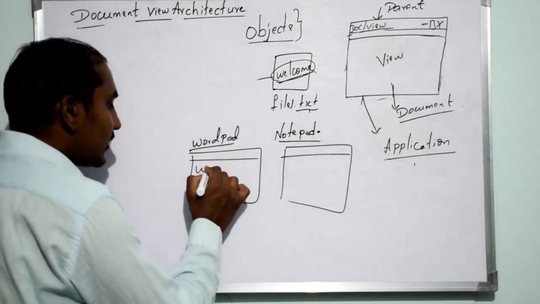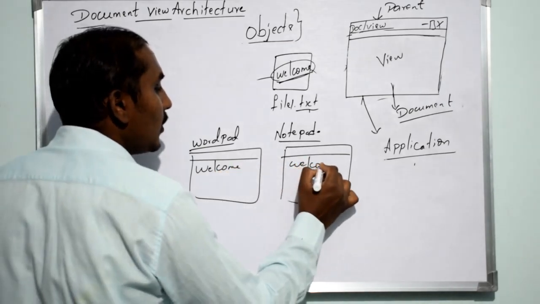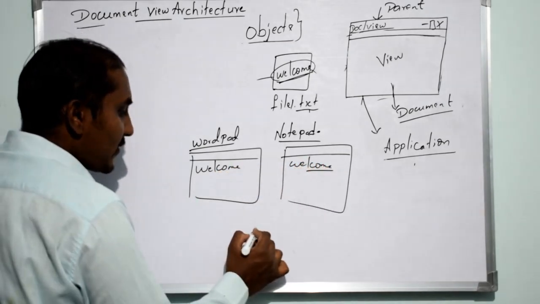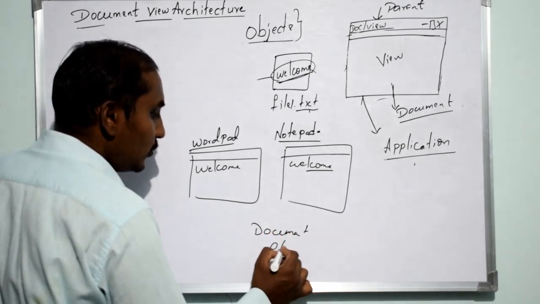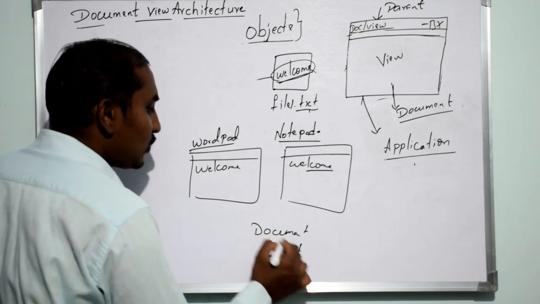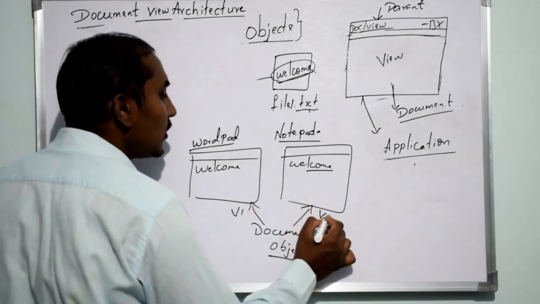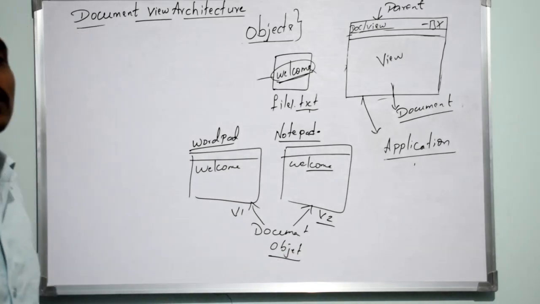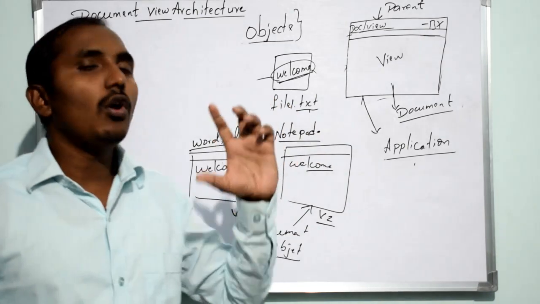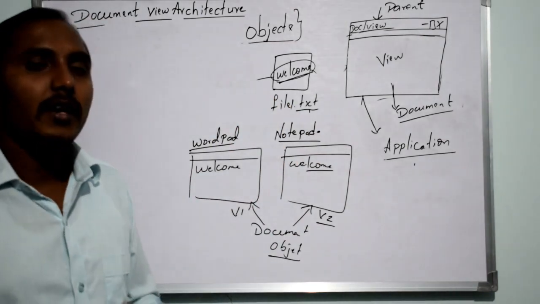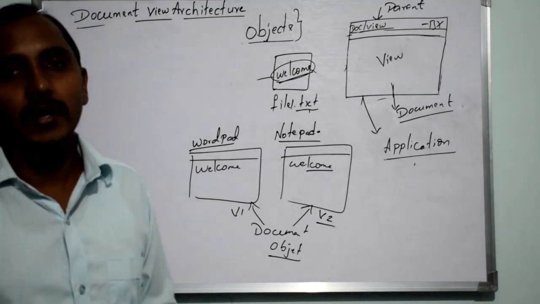In both cases, the information is welcome only. That is to say, we have the same document object which will contain two different views. This is view 1 and this is view 2. This type of dividing information or files into objects is one kind of architecture called document view architecture.